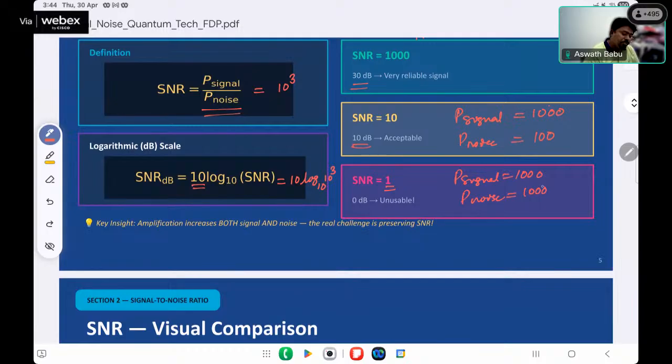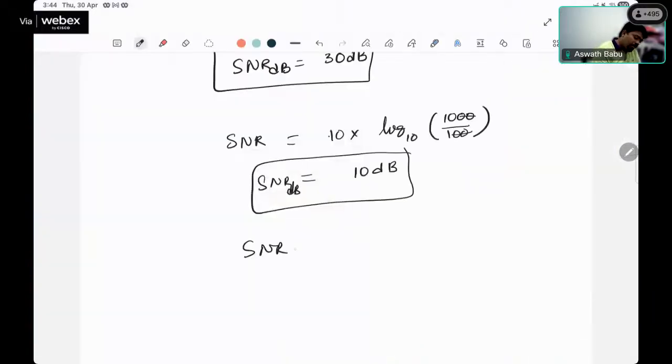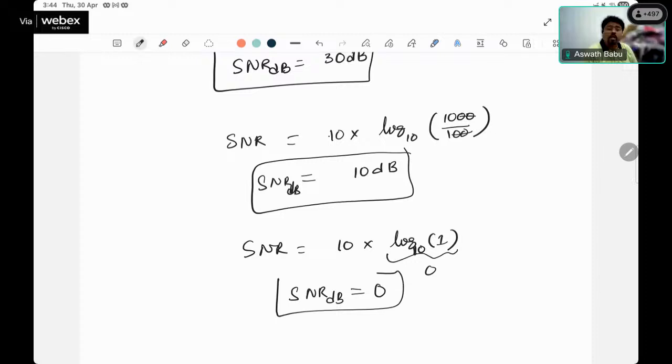The ratio is 1. What will the SNR be? SNR is 10 log base 10 of 1. Log of 1 is what? 0. This quantity is 0. So SNR in decibels in this case is 0.